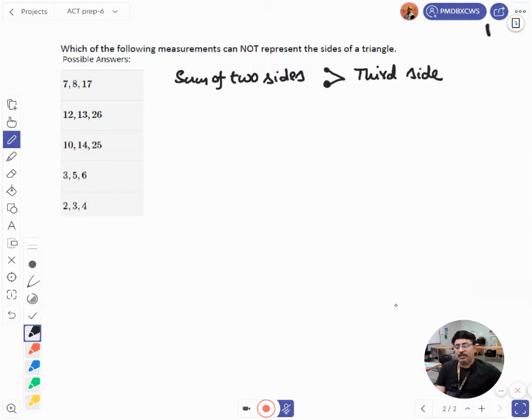Just imagine that the sides given are, say, one is 5, one is 4, and the other one is 9. Let me take the longest one, which is 9 units. Assume that you are constructing a triangle. Next, when you take 5 units, I hope you remember how to construct a triangle. When you draw an arc, say it is passing this way.